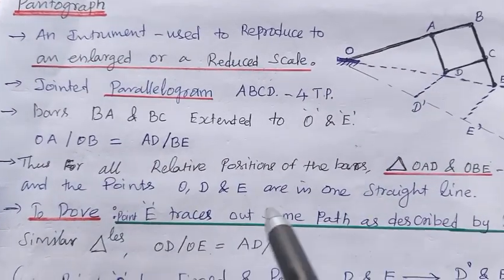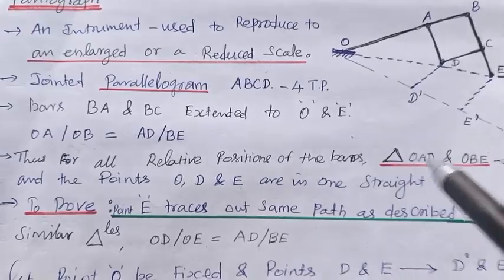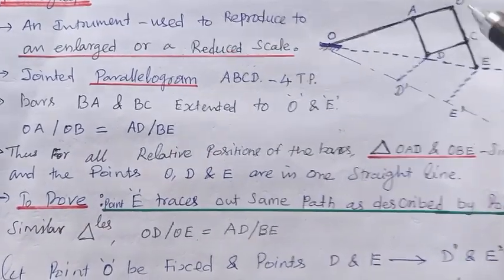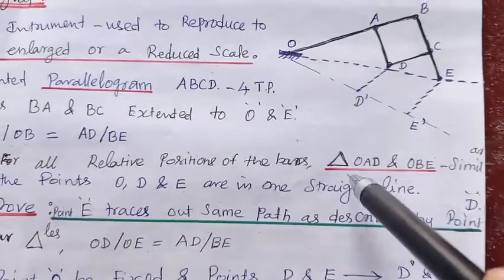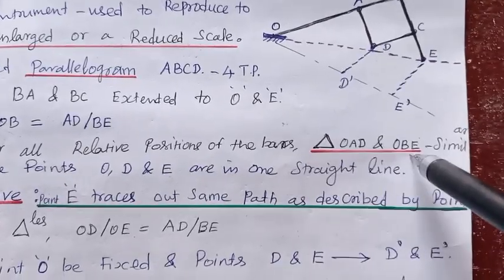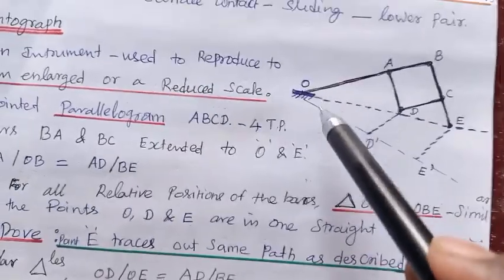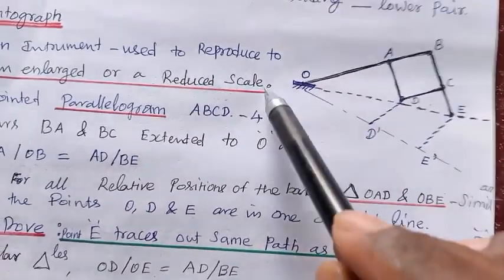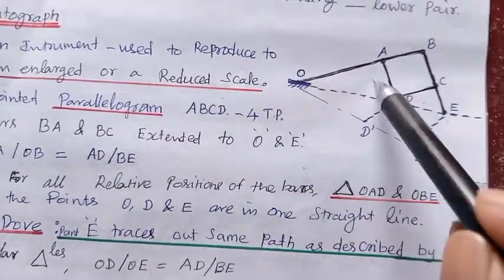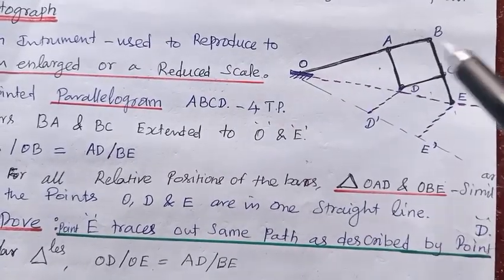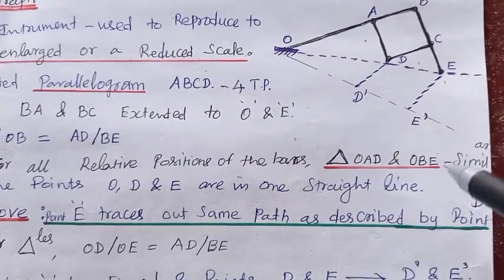Thus, for any position of movement of the bars, triangles OAD and OBE are similar, the smaller triangle and the bigger triangle, always similar.